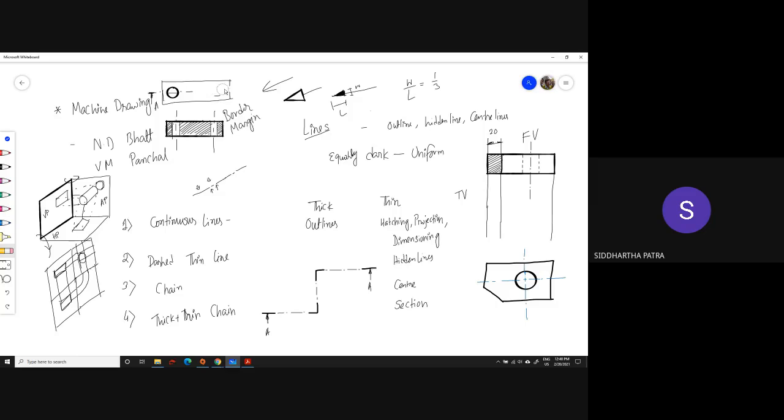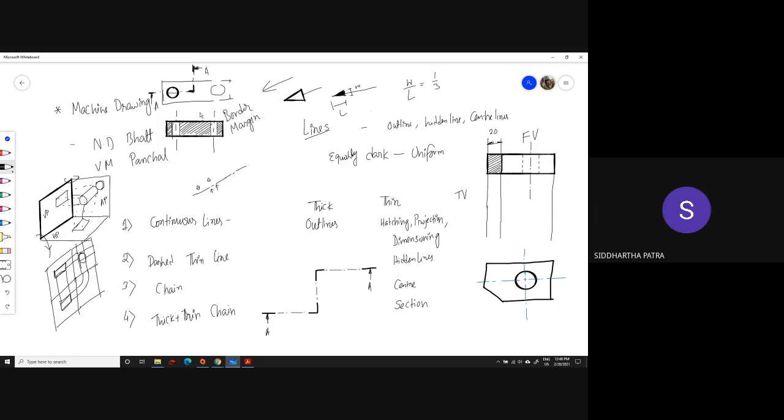I might choose to cut it by making a bent line, and then I'll be using my section plane, or this thick and thin combination chain line, to represent my section plane like this.